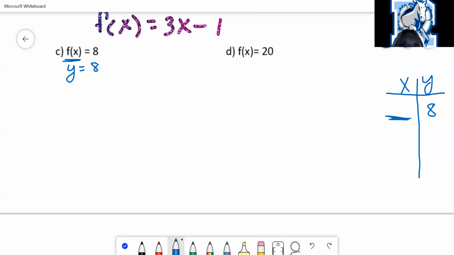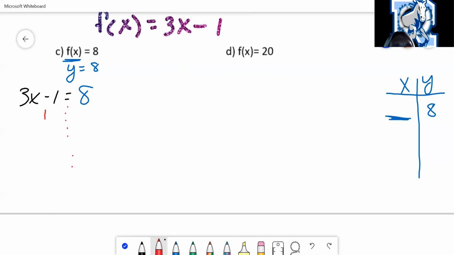Sometimes those numbers, when you're looking for the y value, they're not always there. So one way you can do this is to solve it by hand. So we would do 3x minus 1, and that equals, they're telling us it equals 8. So then you would solve this equation.